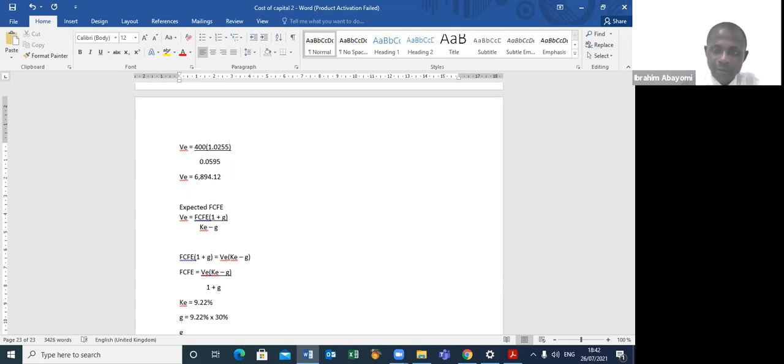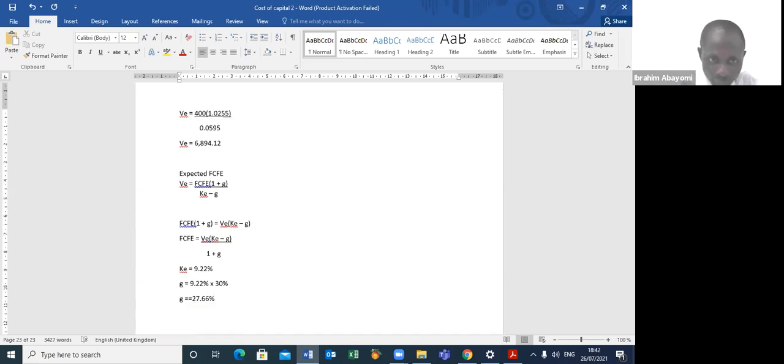So my growth rate will be equal to 0.0922 times 0.3. That is 0.028, which is 27.66%. That's our growth rate of free cash flow.